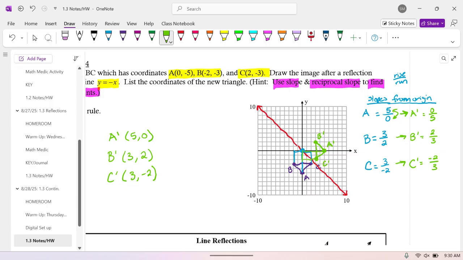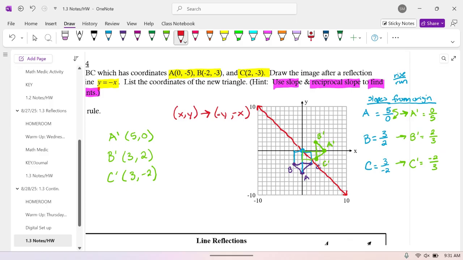Now, look at our old points versus our new points. What do you think the rule is when we reflect over the line y equals x? So if we start with xy, what do you think happened? So they got converted to yx, so they switched. But that's not all that happened. Something else happened. Their sign switched.